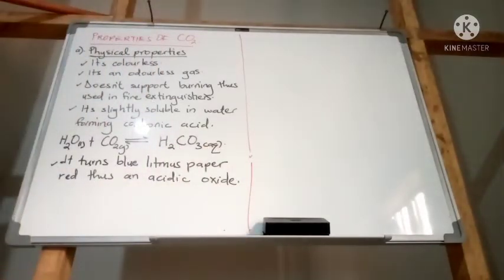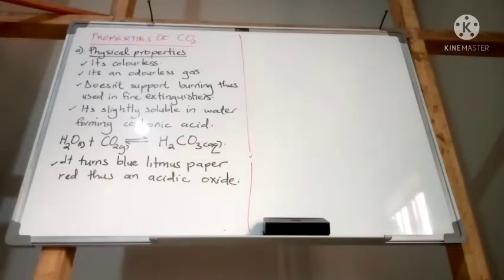This is discussed under oxygen, classes of oxides, and you must have looked at the fact that carbon dioxide is an acidic oxide as indicated by that property.